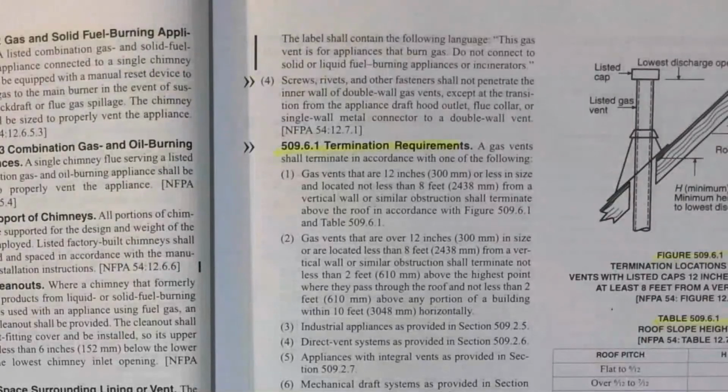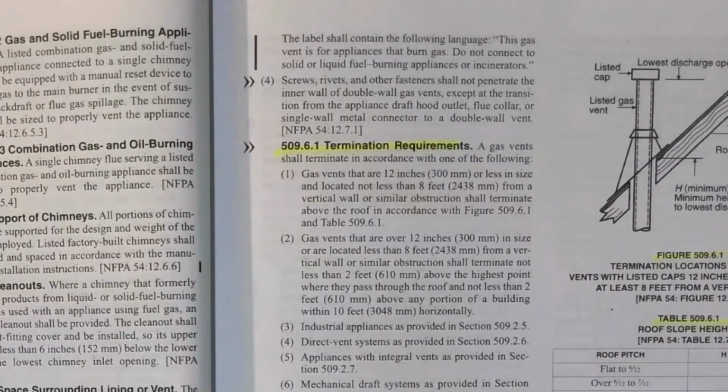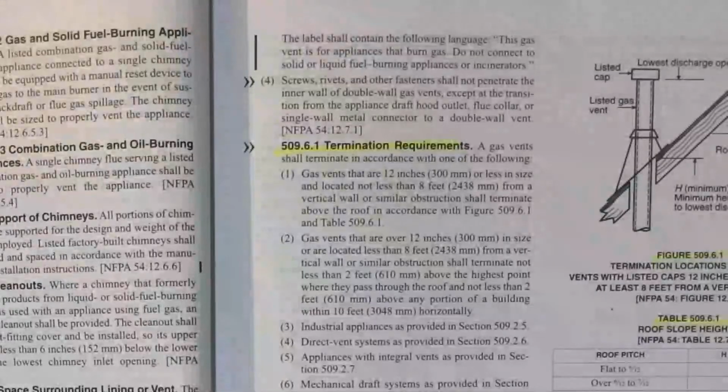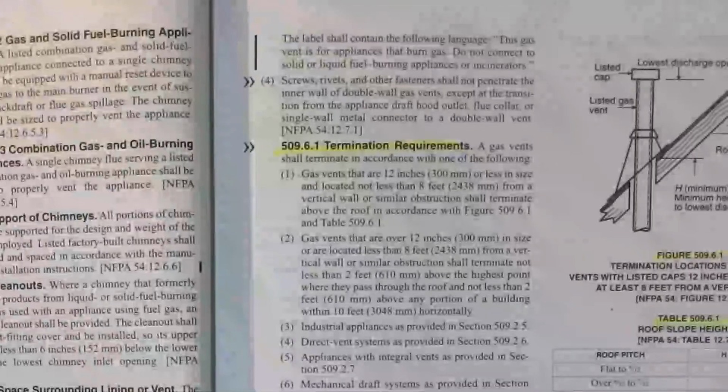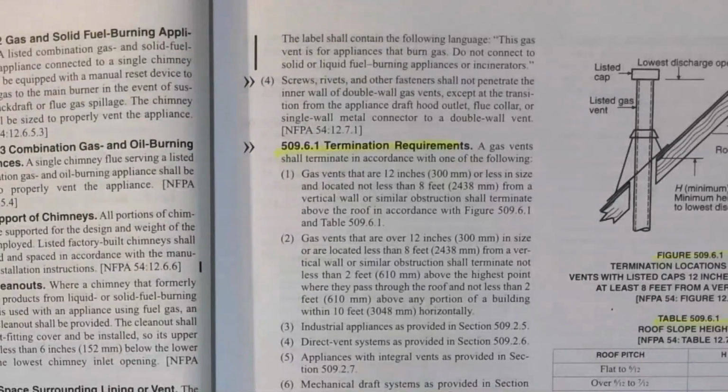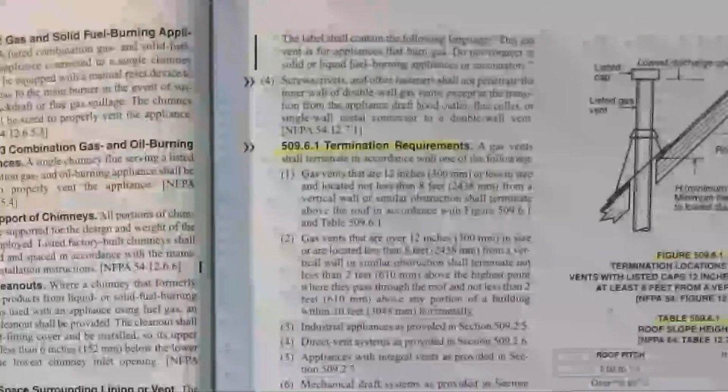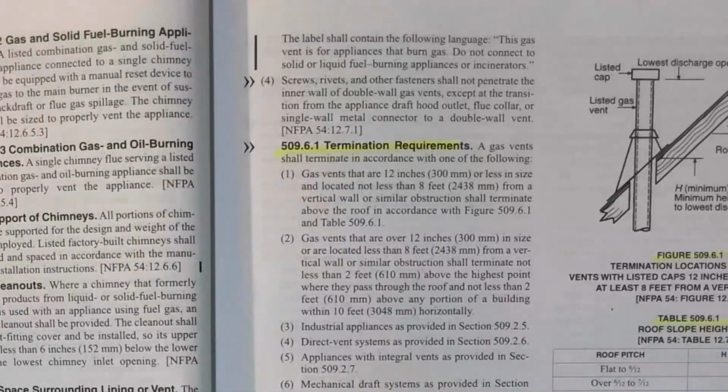The label shall contain the following language: this gas vent is for appliances that burn gas. Do not connect to solid or liquid fuel burning appliances or incinerators. And then number 4, the screws, rivets, and other fasteners shall not penetrate the inner wall of a double wall gas vent except at the transition from the appliance draft hood outlet, flue collar, or single wall metal connector to double wall vent.